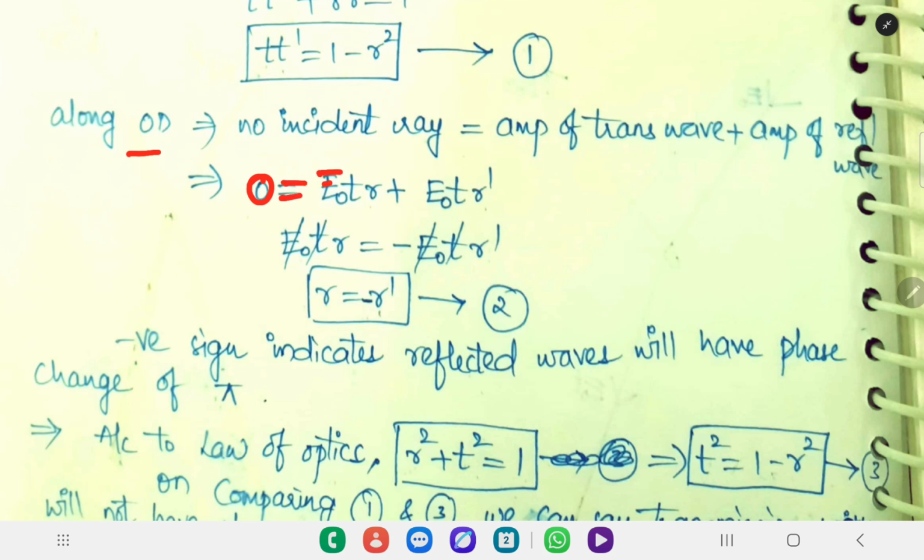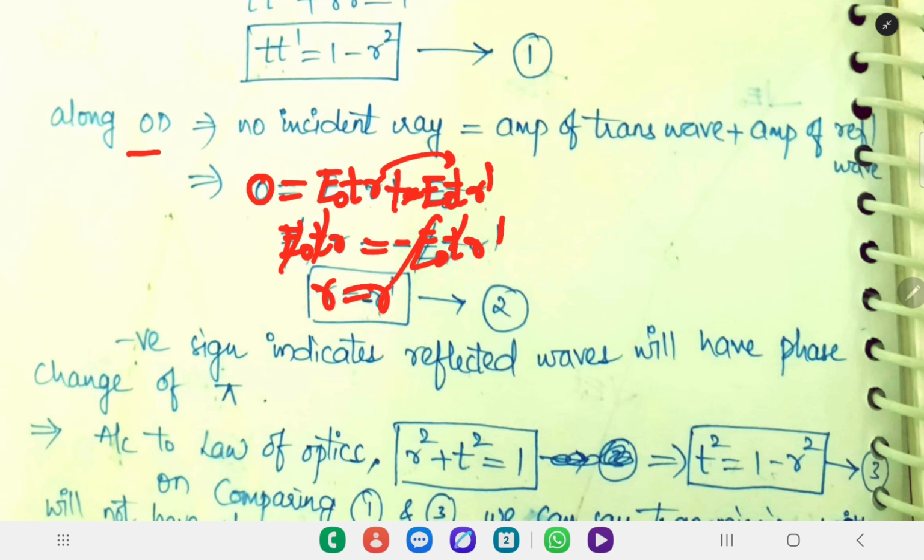The amplitude of the transmitted wave is E0 T R, and the amplitude of the reflected wave is E0 T R dash. So we can write E0 T R is equal to, sending it to this side, it becomes minus E0 T R dash. E0 cancels, T cancels, and we remain with R is equal to minus R dash.